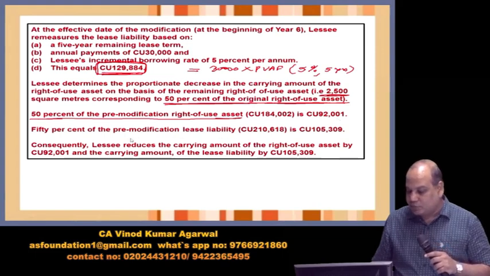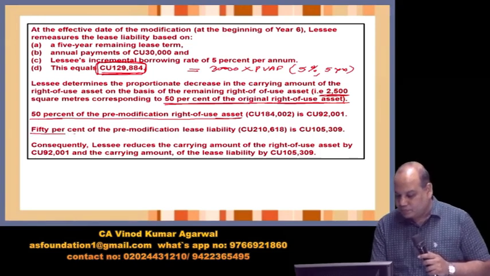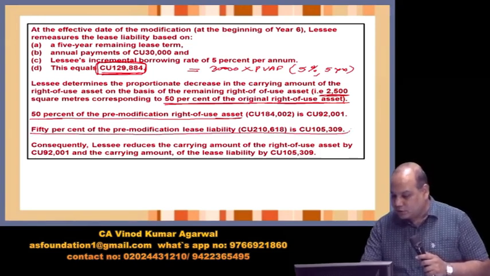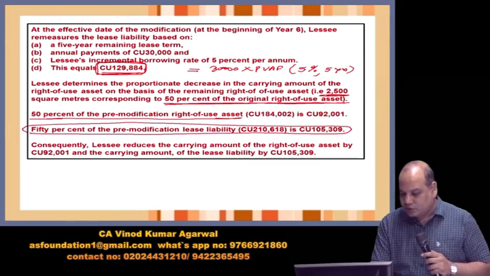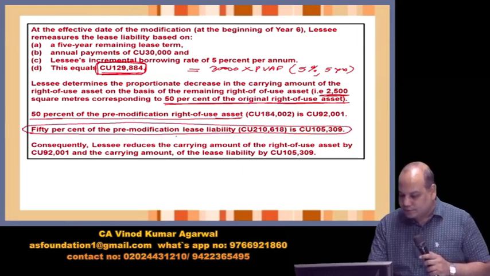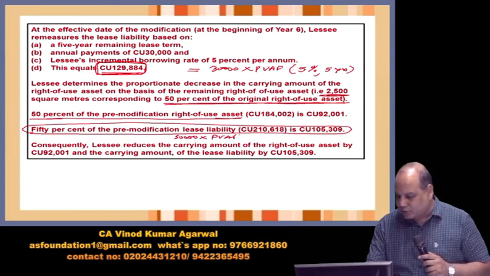What about the pre-modification lease liability? 50% of the pre-modification lease liability. Let us calculate that also. For that you just calculate 50,000 into PV annuity factor.